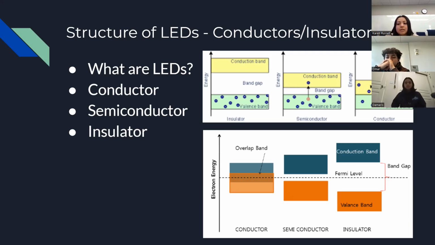They're basically depicting the same thing, just in a different order. With the conductor, you have that overlap band that allows the large flow of electrons. And then as you go down the list into insulators, you see that large band gap.